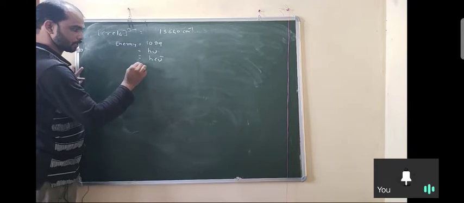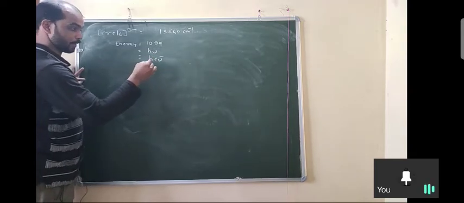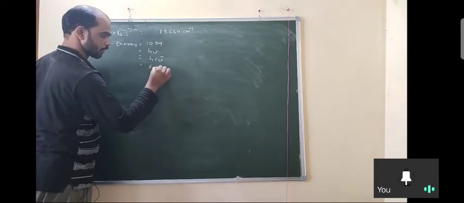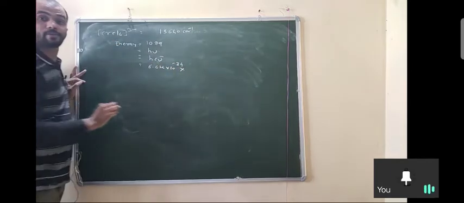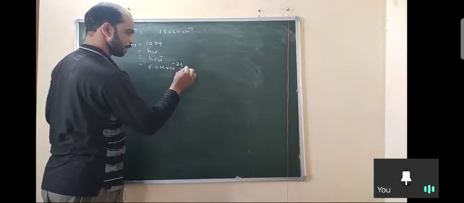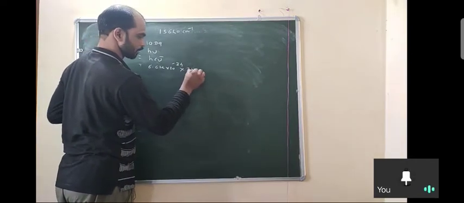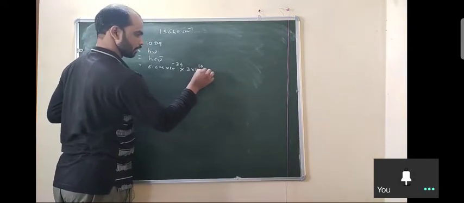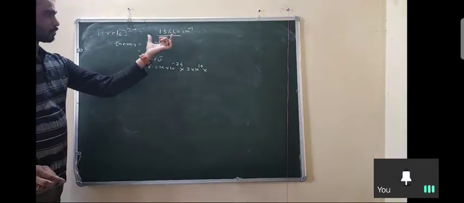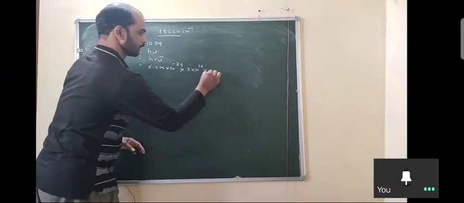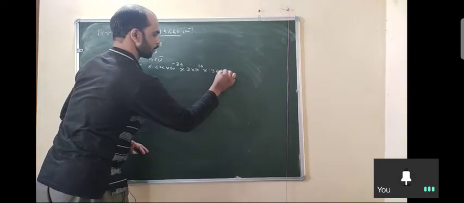So here we put all the values: the Planck constant 6.624 into 10 raised to minus 34, into the velocity in centimeters, 3 into 10 raised to 10, into the wave number given, the absorption band, 13,640.